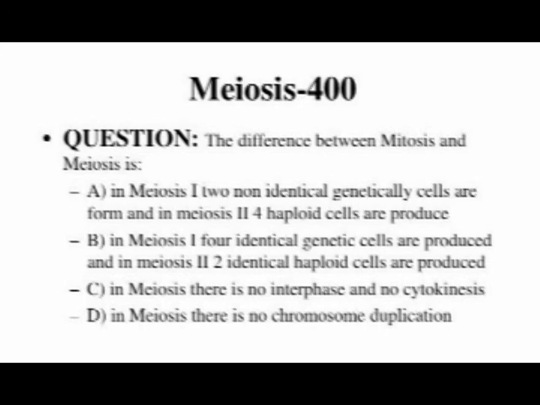C, in meiosis, there's no interphase and no cytokinesis, and D, in meiosis, there is no chromosome duplication. And this is a tough question. Who knows the answer? It is A: in meiosis 1, two non-identical genetic cells are formed, and in meiosis 2, four haploid cells are produced.